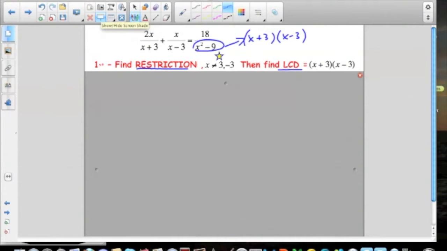So now we know a common denominator: we have x plus 3, which is common, and we have x minus 3. There is my lowest common denominator, and from that we can get our restrictions. These are going to come into play now.